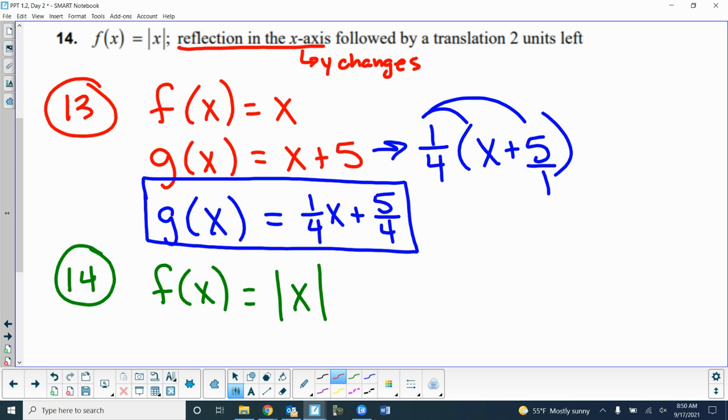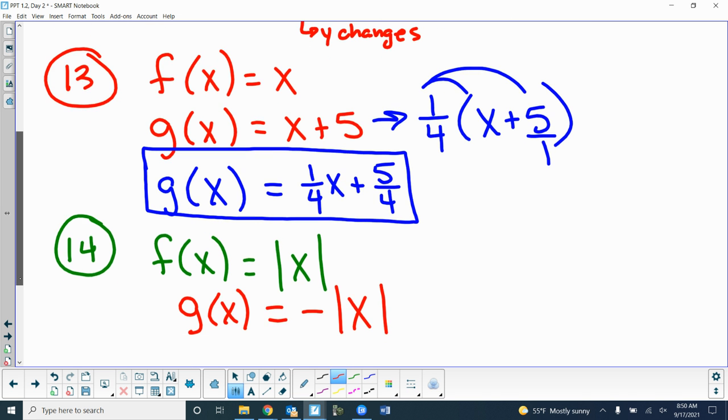We're just putting a negative out front. Now, we talked about this yesterday. You can't distribute a negative into an absolute value. If it was just parentheses, that's okay. So that's all we can do. We can't simplify it anymore.